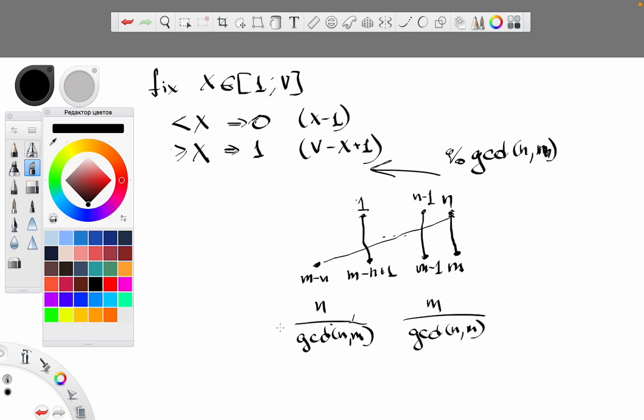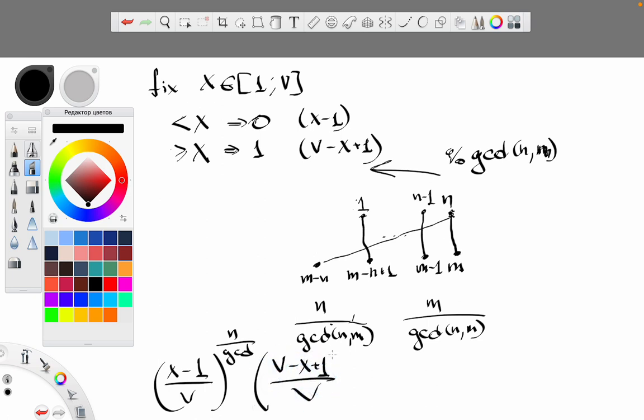So in each component the answer is basically ((x minus 1) divided by v) to the power of n divided by GCD, multiplied by ((v minus x plus 1) divided by v) to the power of m divided by GCD, plus the same thing but swap the components.